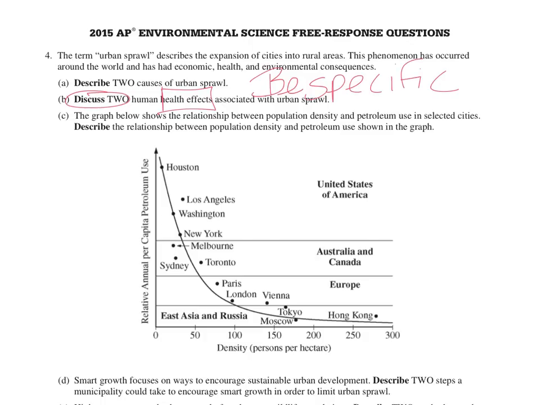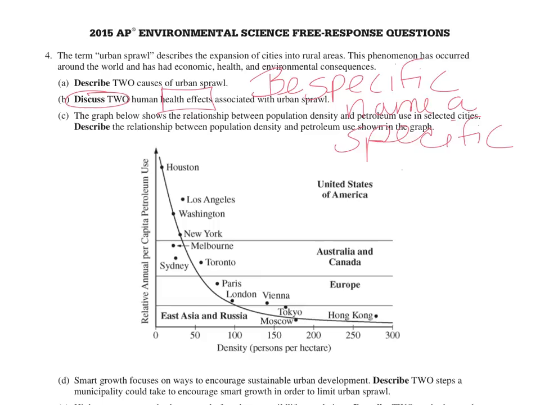In this case, discuss 2 human health effects associated with urban sprawl. A lot of kids just wrote stress from driving a lot, or they wrote pollution. Again, even air pollution wasn't acceptable. You'd have to say air pollution causes asthma. Go ahead and name a disease, a specific disease.